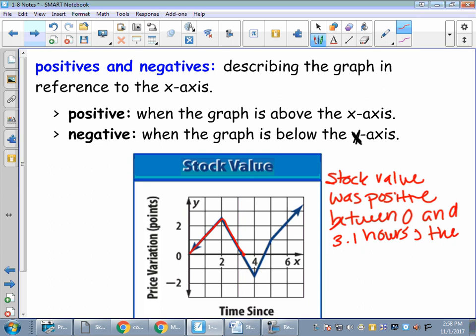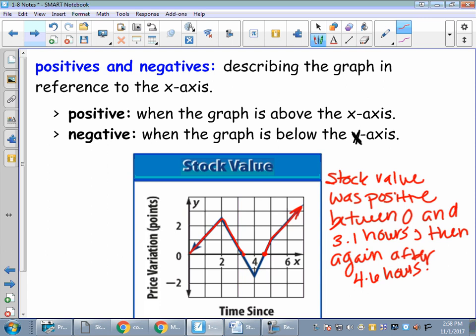Then again, after this point right here, which is just beyond 4 hours, we went positive again. So we'd say then again, after 4.6 hours. I'm not worried about the decimal, we're just guesstimating.